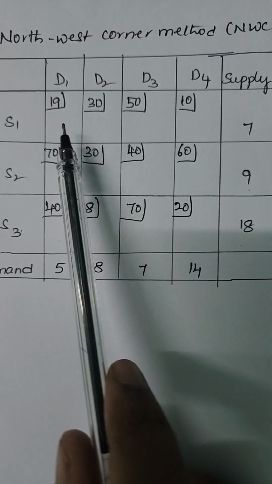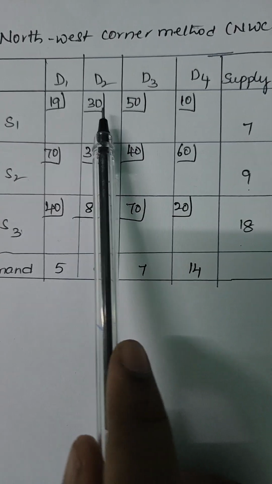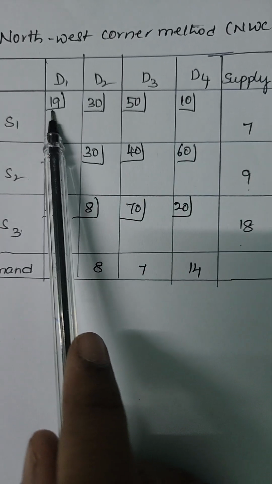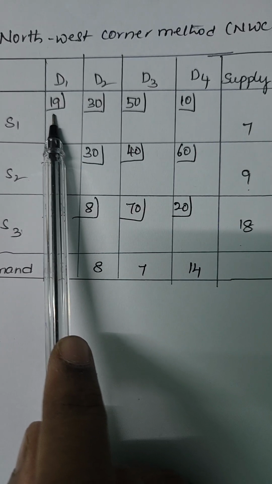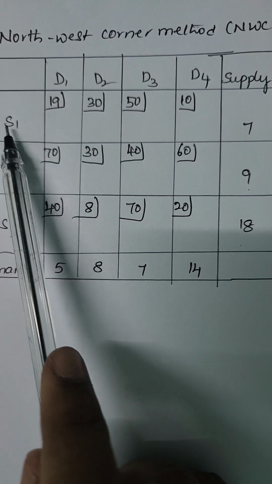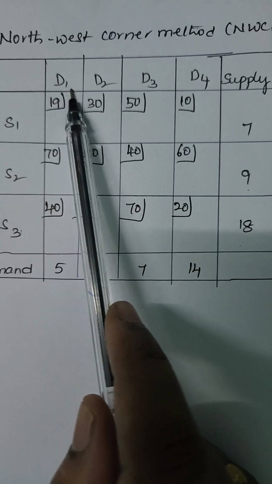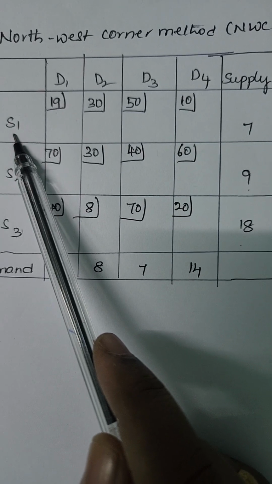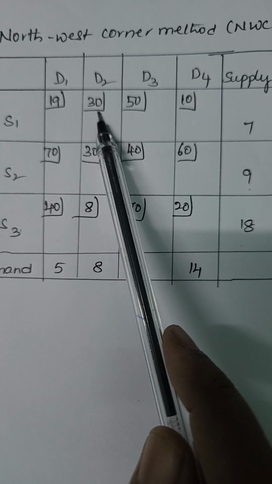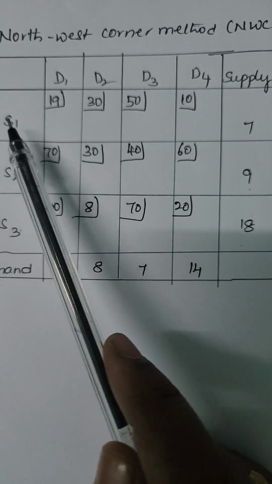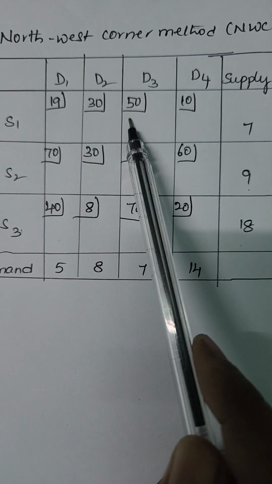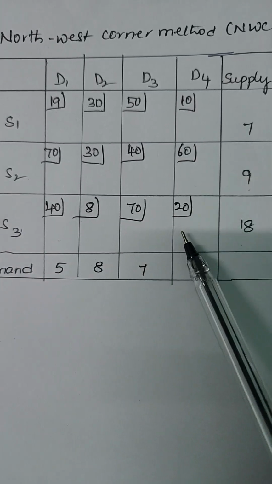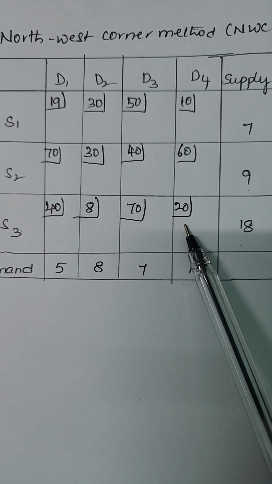Let us observe that some numbers are there in the cells. These boxes are called cells. Here in the first cell we have 19. 19 means from S1 to D1 the transportation cost is 19 rupees. From source S1 to warehouse D2 the transportation cost is 30 rupees, and from S1 to D3 the transportation cost is 50 rupees, and from S3 to D4 the transportation cost is 20 rupees.